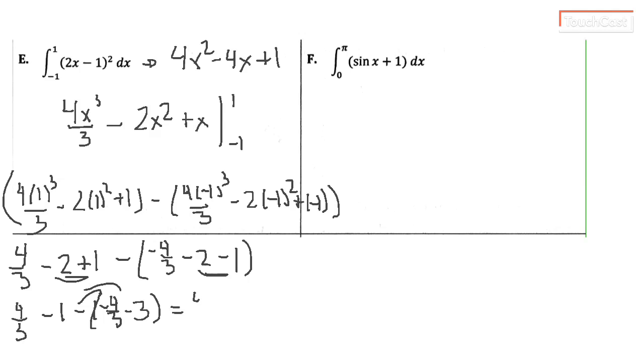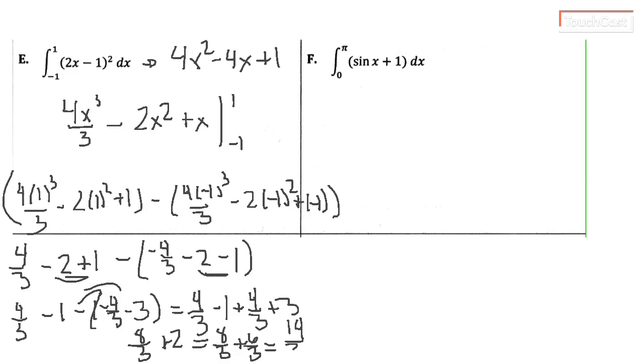So I'm going to have 4/3 minus 1 plus 4/3 plus 3. So I'm going to have 8/3, 4/3 plus 4/3, plus 2, 8/3 plus 2, which is like 6/3. So 8/3 plus 6/3 gives us 14/3.